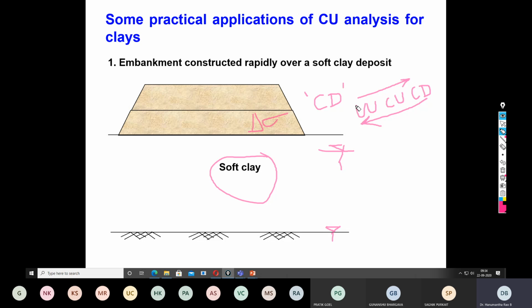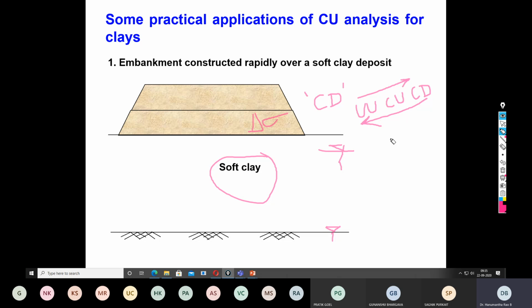So, can any of you throw some light on this? No, sir. If we increase the load, then it will come under unconsolidated. Is consolidation a reversible phenomenon?